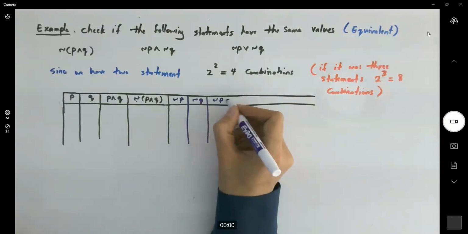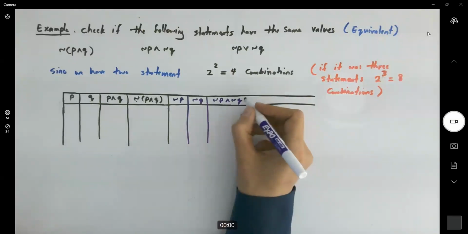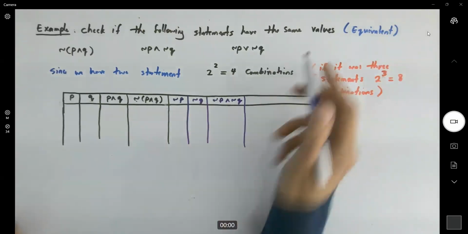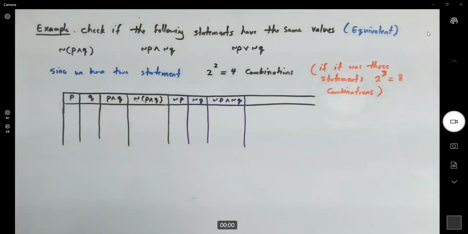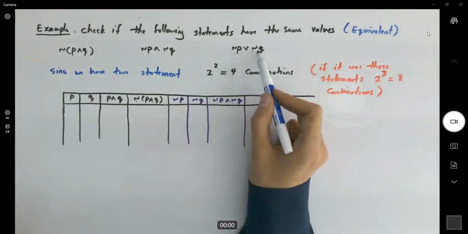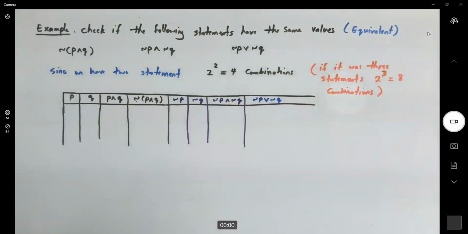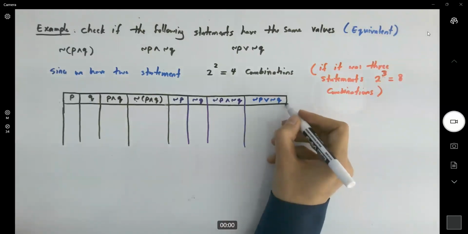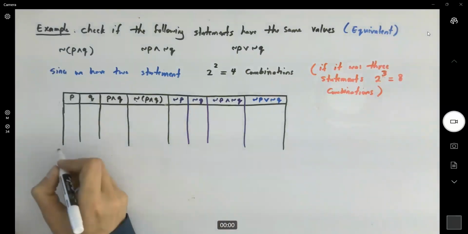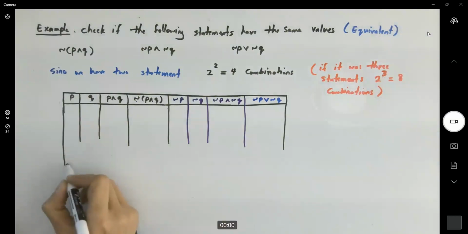Not P and not Q. And finally, for the last one, I'm going to use a different color. Here we have not P or not Q. Okay, very good. So this is our table. Let us start.